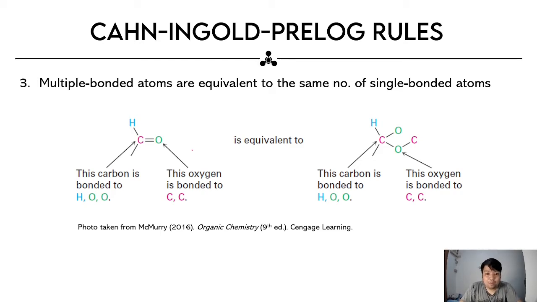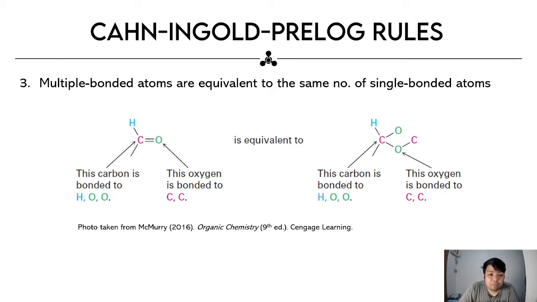So let's have this one here. This carbon, this carbonyl group, is doubly bonded to oxygen and singly bonded to hydrogen. So this is actually equivalent to this carbon atom singly bonded to 2 other oxygen atoms.